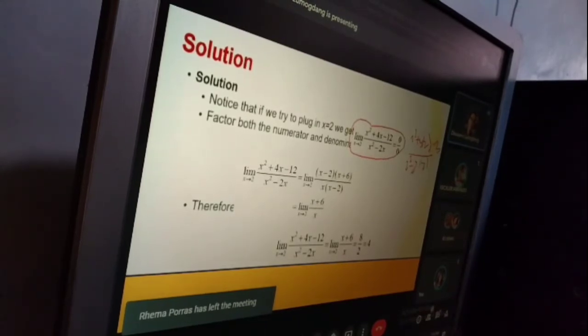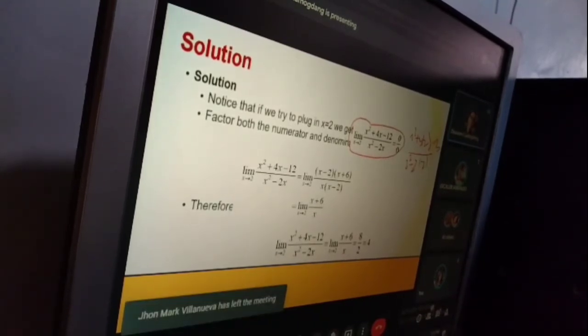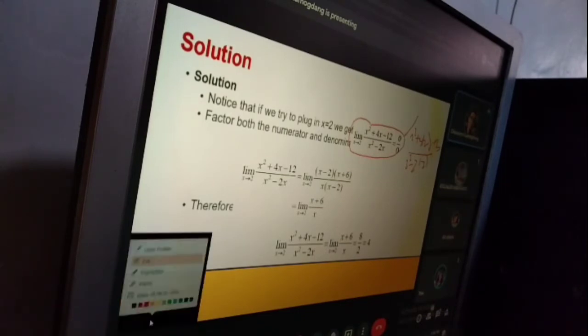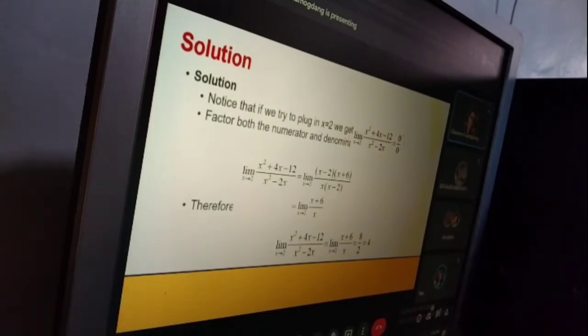Ano napapansin natin? 2 squared is 4 plus 8, 12. 12 minus 12, 0 ang numerator mo. At sa denominator, 2 squared is 4, minus 4, 0 din. 0 over 0 is undefined or indeterminate.